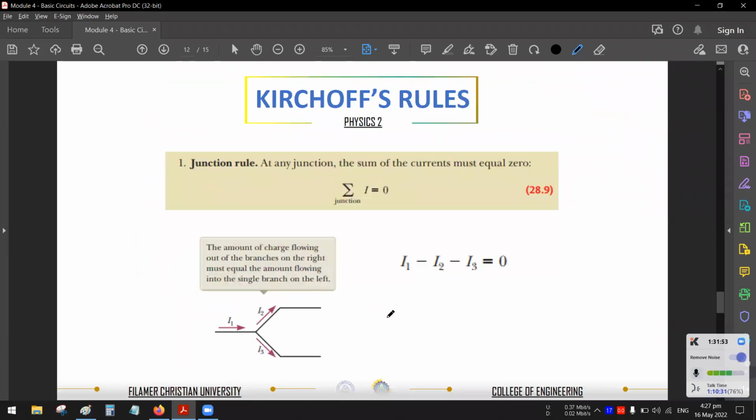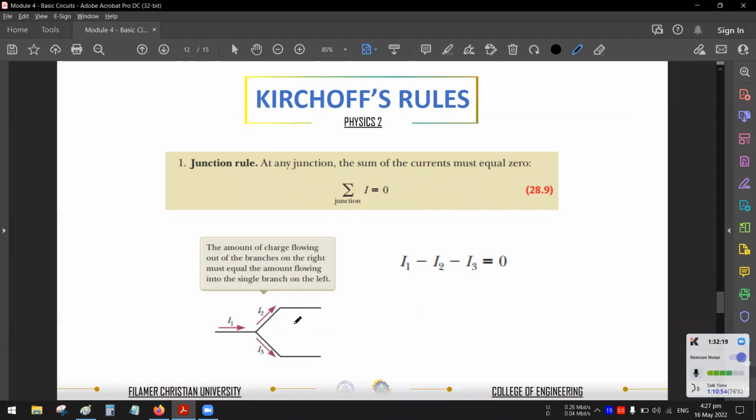Okay, so sa junction rule tayo. At any junction, the sum of currents must be equal to 0. So the amount of charge flowing out of the branches on the right must equal the amount flowing into the single branch on the left. Meaning kung ilan yung ipinasok, dapat yun din yung inilabas.